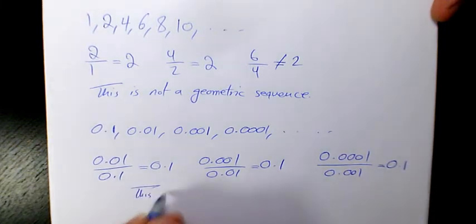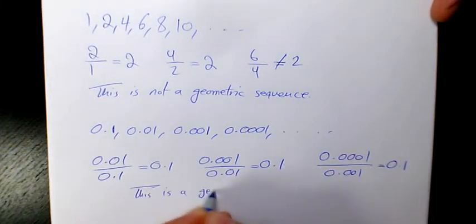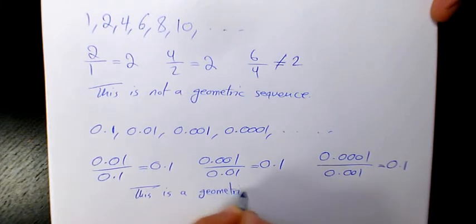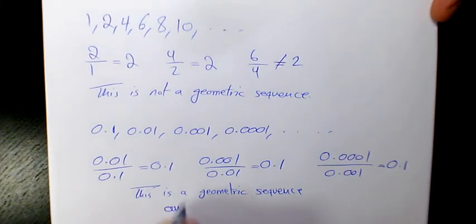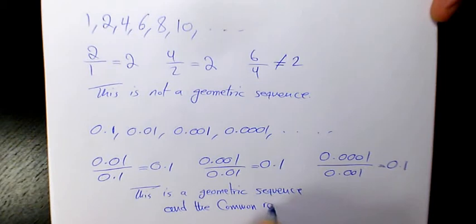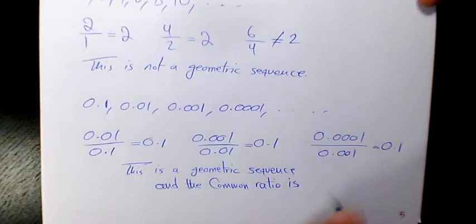This is a geometric sequence, and the common ratio is 0.1.